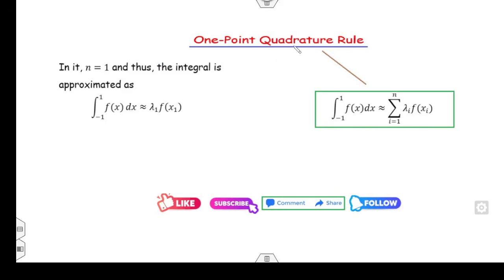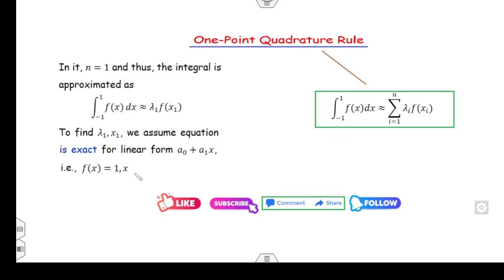Now what is the quadrature rule? We have to approximate it by a polynomial. How many unknown coefficients are there? You have two unknown coefficients: find lambda and x. So we can take a polynomial with two unknown coefficients like a0 plus a1 x. These are called the coefficients, and 1 and x are called the bases.